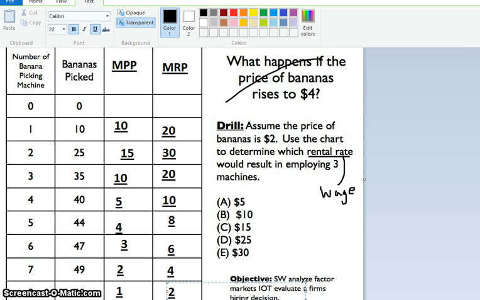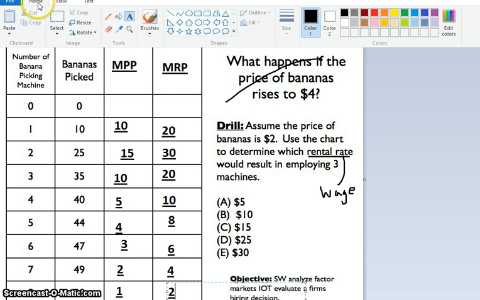All right, so here they are. Here are the values. Again, these are the additional bananas each machine allows you to pick. And this is the revenue that you gather from each one. So I did MPP times 2 because that's the price of my banana here. And it's asking me how much the wage or the rental rate, the cost of the machines, has to be if we're going to buy 3 here.